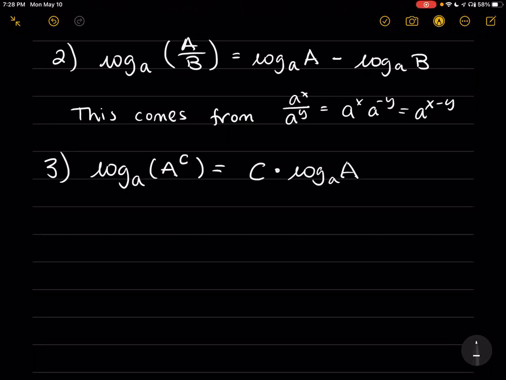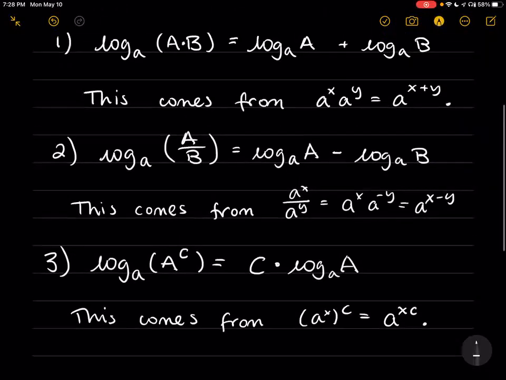This one's a little more esoteric and mysterious. It ultimately comes from, I believe, the idea that if you take a to the x to the c, you can rewrite this as just a to the x times c. But that doesn't really give you terribly much intuition. It's just an esoteric fact.